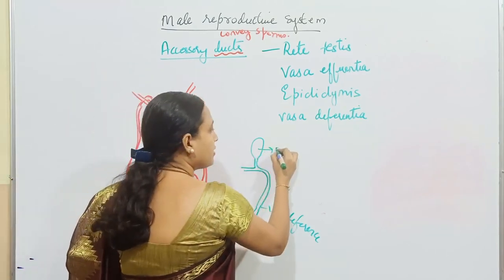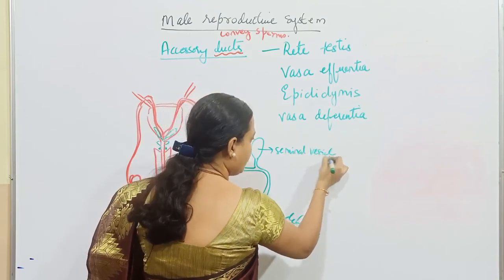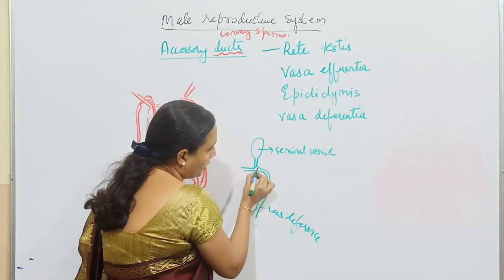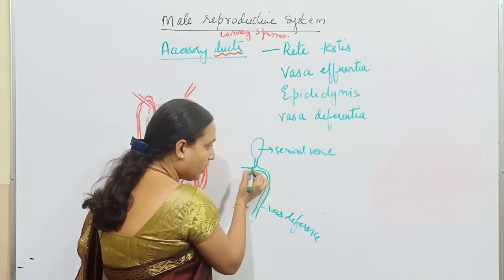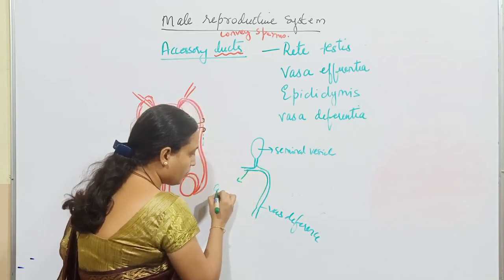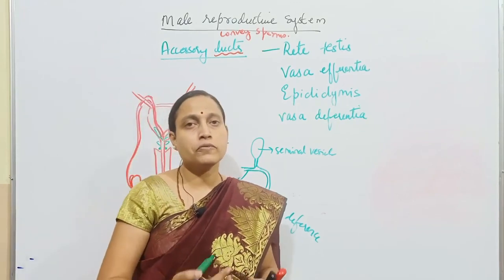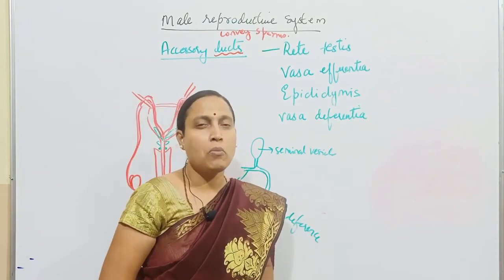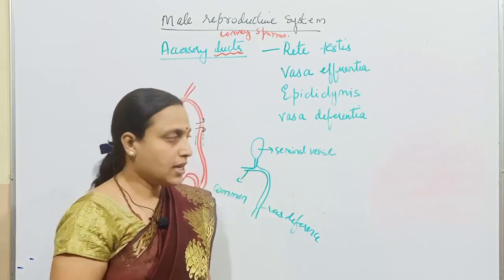So this is the seminal vesicle, which is the accessory gland. Its duct is going to join with the vas deferens. After joining both the ducts, a common duct is formed. After fusion of the two ducts, what becomes is a common duct, and that is called the ejaculatory duct.